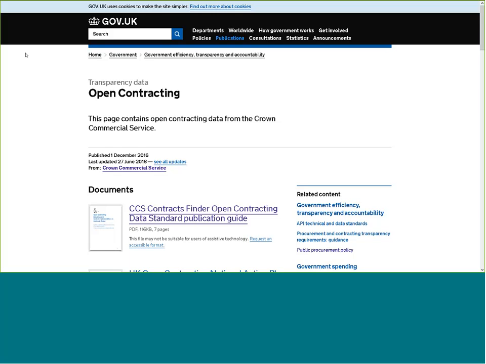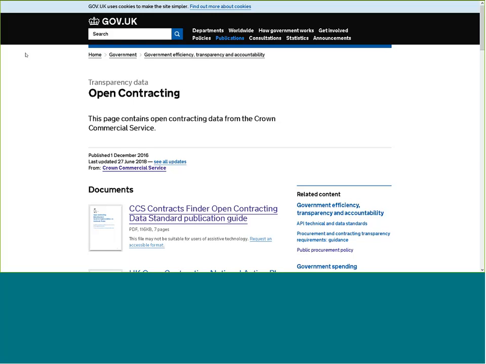I was the senior responsible owner putting in place a system we now call Contracts Finder. So that was launched in 2011 as one portal for covering both requirements, so both low-value opportunities and government contracts.